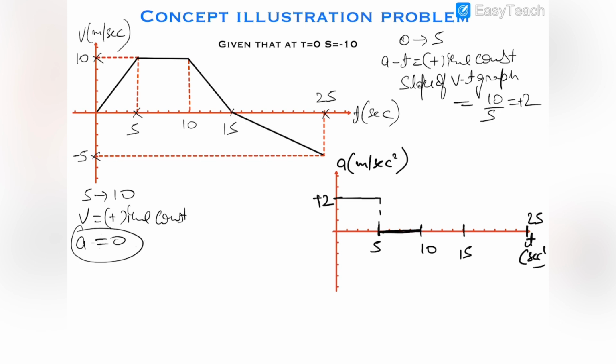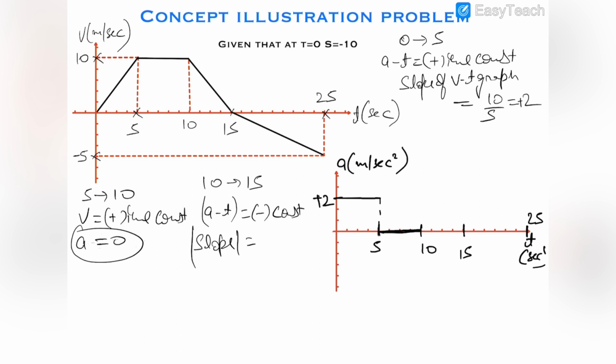And in the interval from 10 to 15, you can see that VT graph is a straight line going in the downward direction. Therefore, AT graph would be a negative constant. Its magnitude of slope of VT graph is, this is 10 and this is 5.